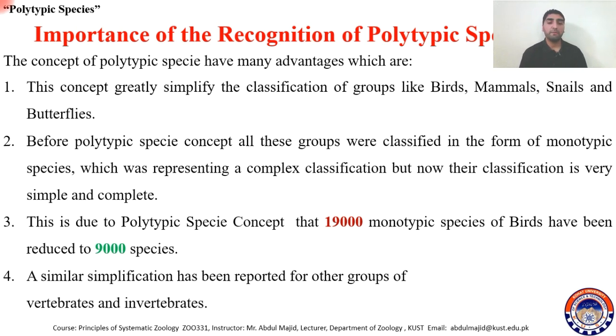A similar simplification has been reported for other groups of vertebrates and invertebrates, and this is only one example, that 19,000 bird species have been reduced to 9,000 species. In the same way, similar reports have been reported from vertebrate groups and invertebrate groups.